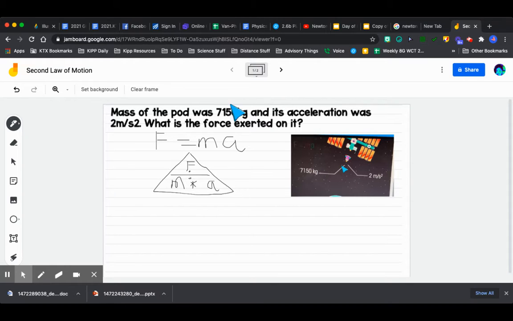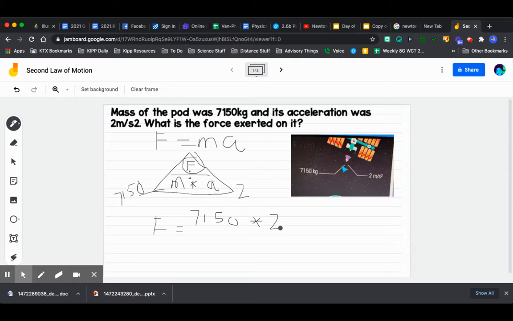So 7,150 kilograms is the mass, and the acceleration is 2 meters per second squared. To figure out force, you need to take mass, 7,150, times 2.